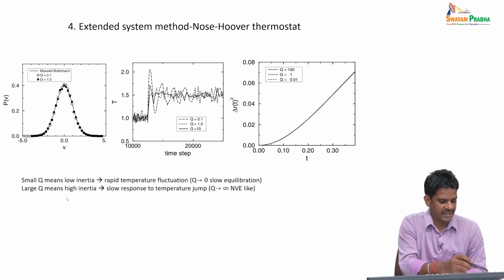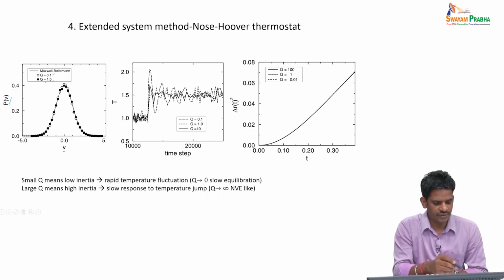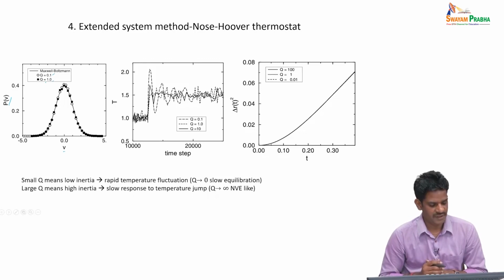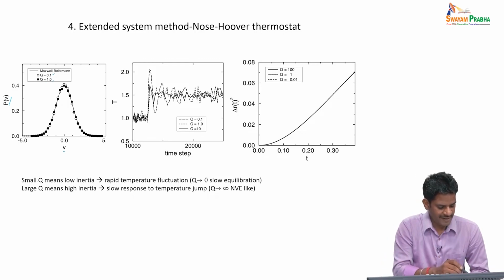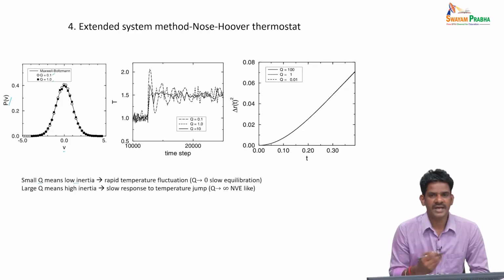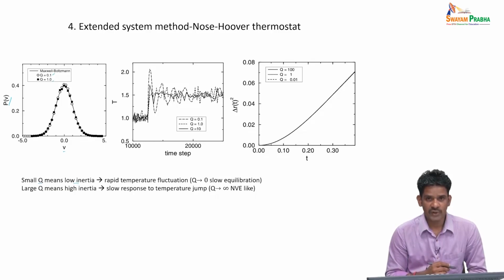and on the left hand side if you look at the distribution of velocity, we see that whether Q is 0.1 or 1.0, they both basically have given the same velocity distributions, and the value of Q basically means that when the Q is very small, we think about it having a small inertia or low inertia.